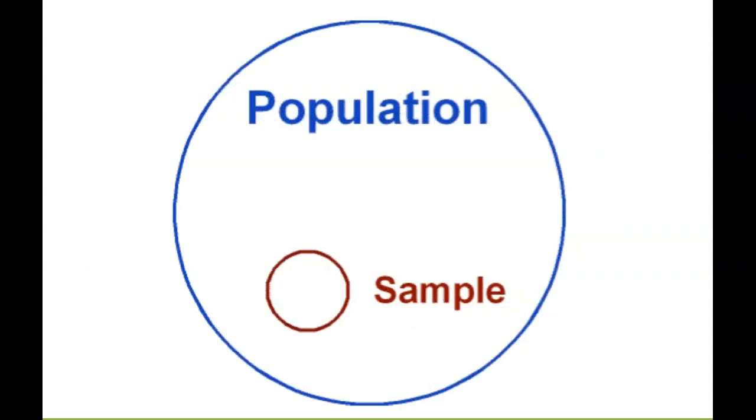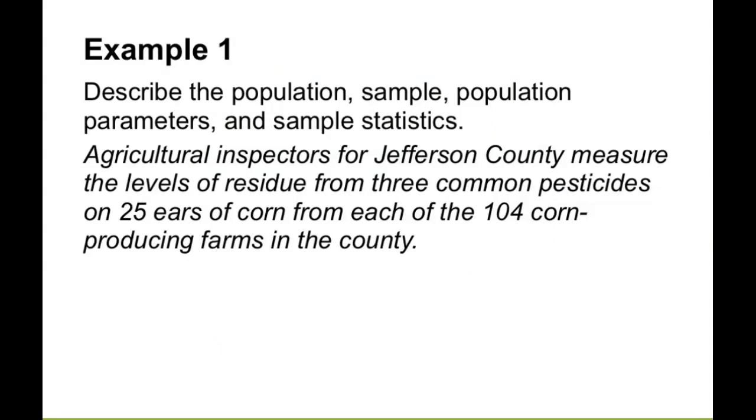Basic diagram that shows what I'm talking about. You have a population, you go in there and you grab a sample, some subset of the population, right? Actually, I thought the diagram was next, but let's do an example. In this example, I want to describe the population, the sample, the parameter, and the statistic.